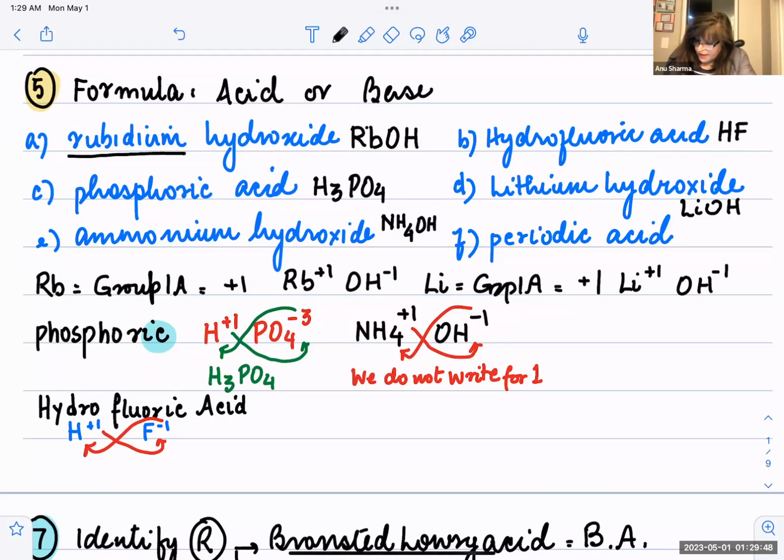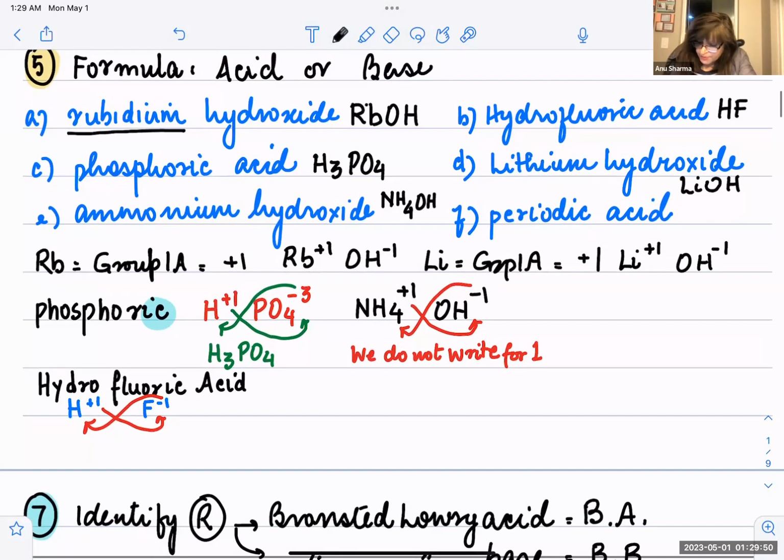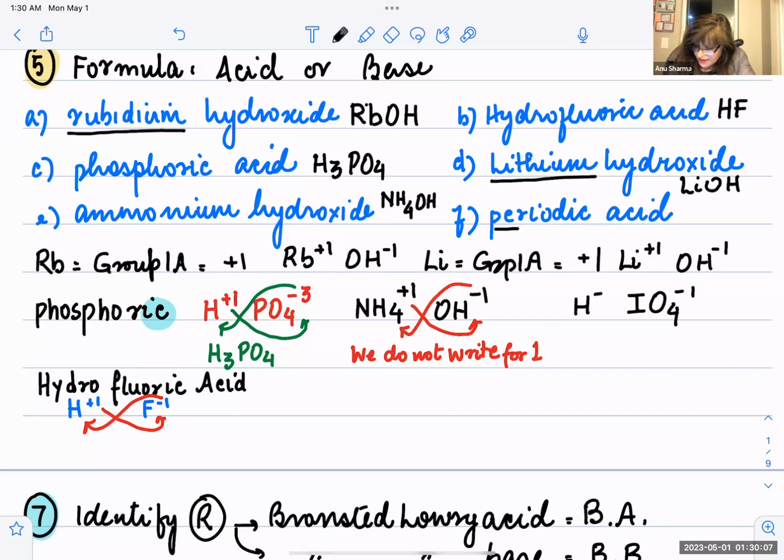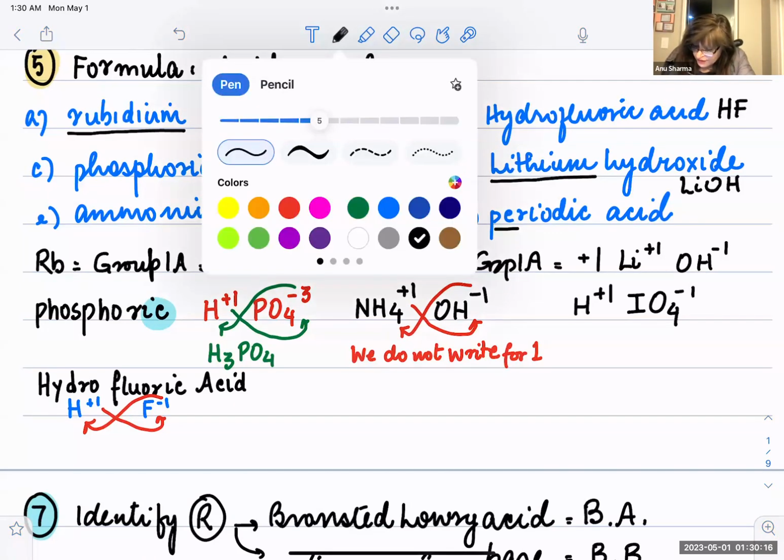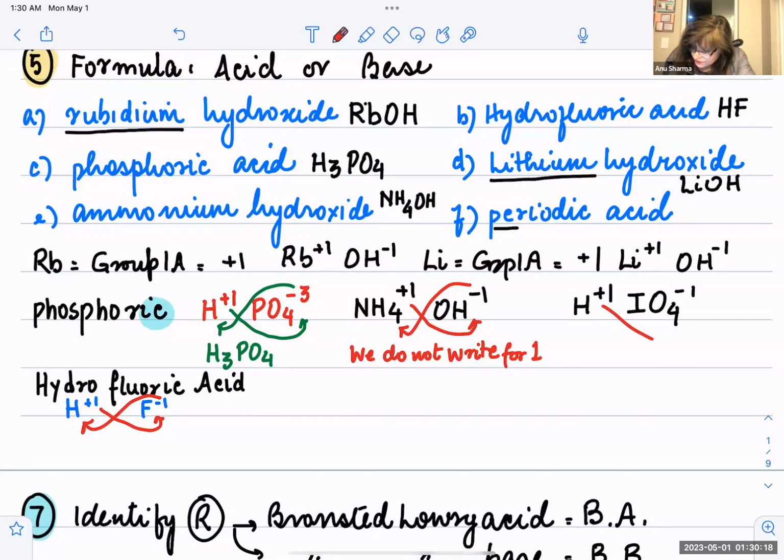Okay, now periodic acid. Now remember, per. So periodic acid. For iodate, it's periodate, IO4 -1. That's the periodate, and this is the hydrogen ion. Remember, in all the inorganic acids, hydrogen is going to be in front. Now here you see this number is going to come here and this one comes here.